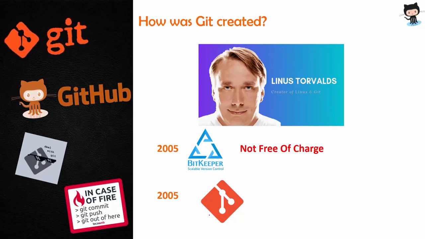When they were creating their own tool, there were some goals of the new system: there should be speed, there should be simple design, it should be fully distributed, and it should be able to handle large projects like the Linux kernel efficiently with speed, and accommodate large data size as well. This is how in 2005 Git was created.